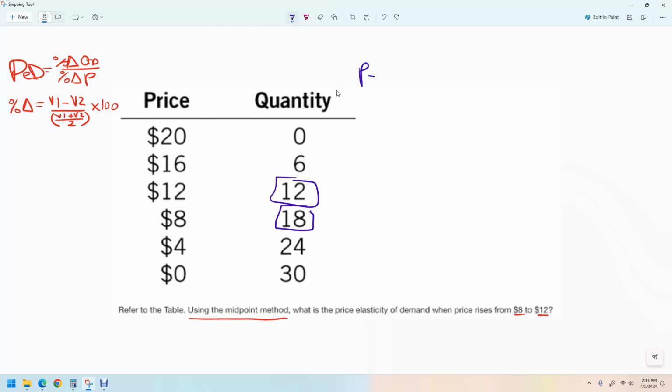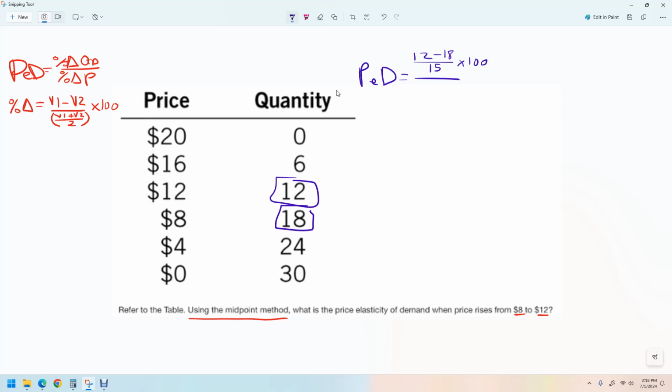Price elasticity of demand. I want the percent change in the quantity first. So we're going from 8 to 12. Let's go 12 is the new one, minus 18 over the average between these two. If I add them both together, 12 plus 18 is 30, halfway is 15, times 100.